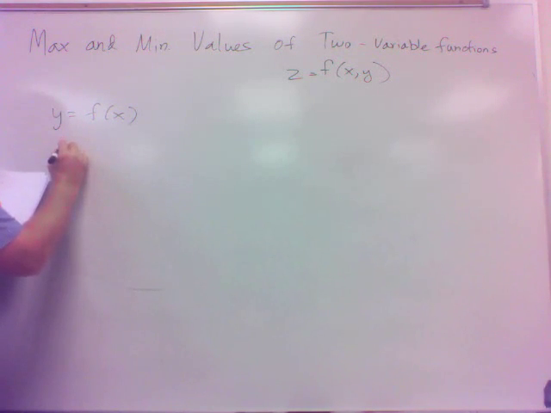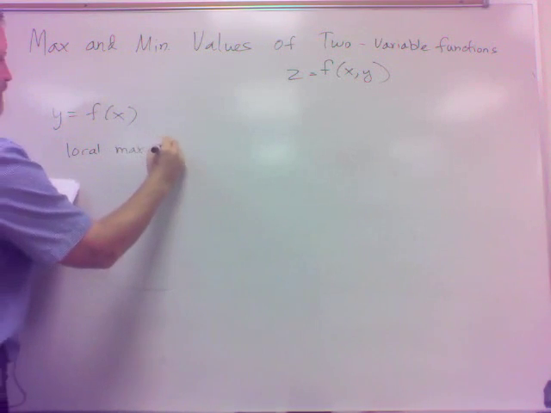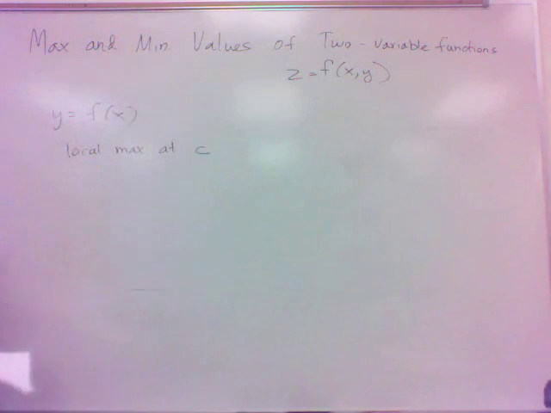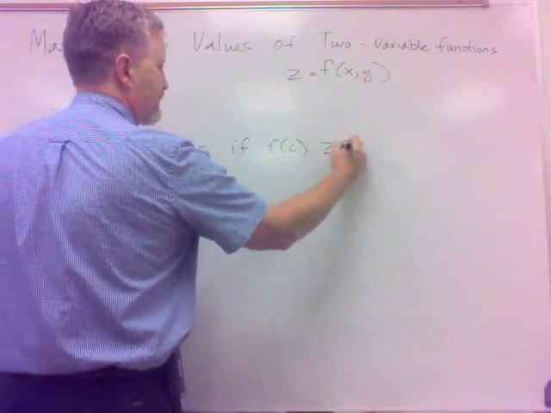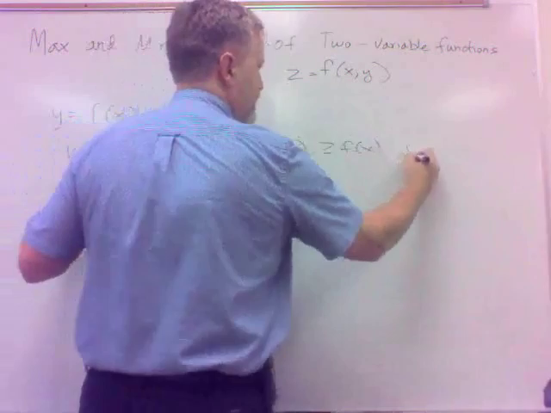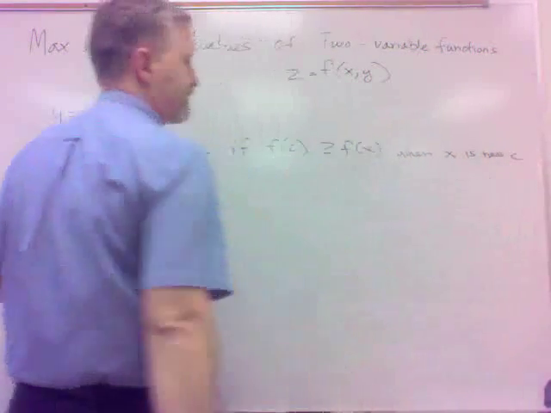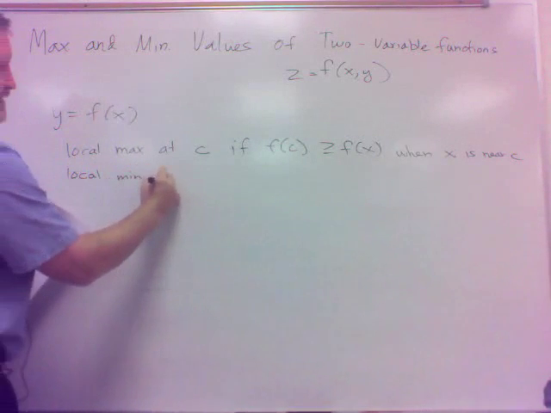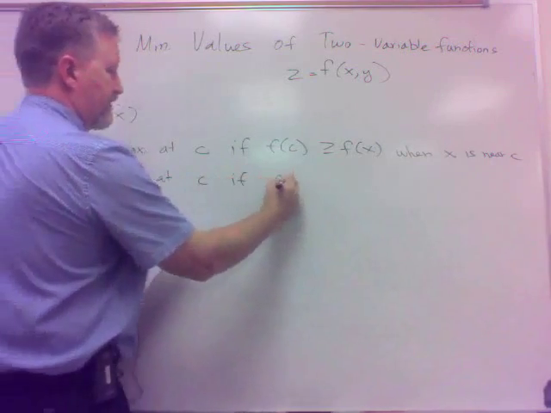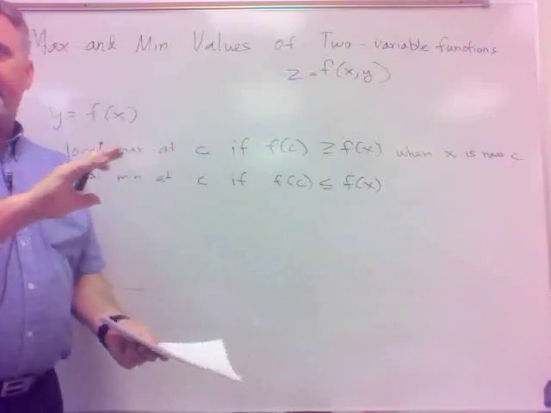If you have a local max at an x value C, if f of C is greater than or equal to f of x when x is near C. And a local min, flip the inequality. f of C is less than or equal to f of x when all those x values are near C.